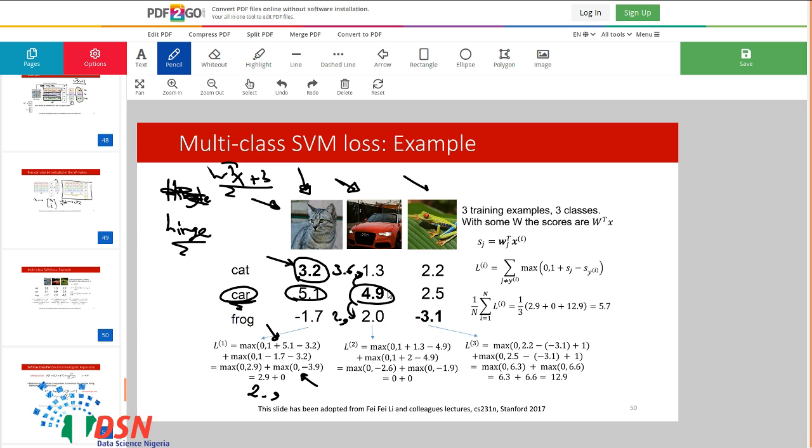So we are great in this prediction, and we should not have any loss. If you write the loss function, you could see that it is 0. Also for this one, you could do the same thing and calculate the loss function. Now I think you have the intuition about the SVM loss or hinge loss and how it works.